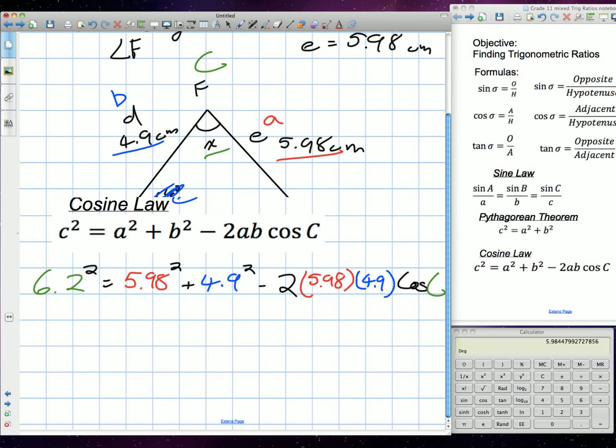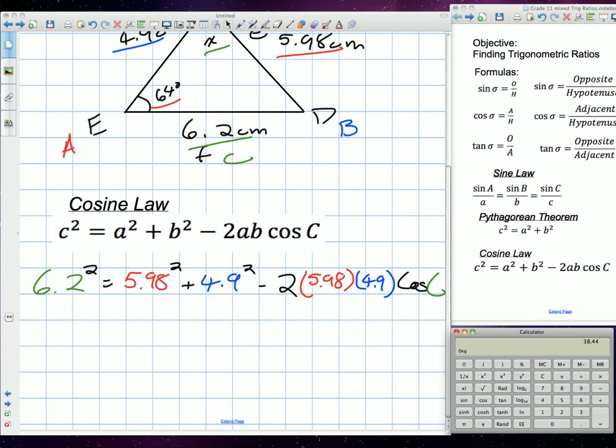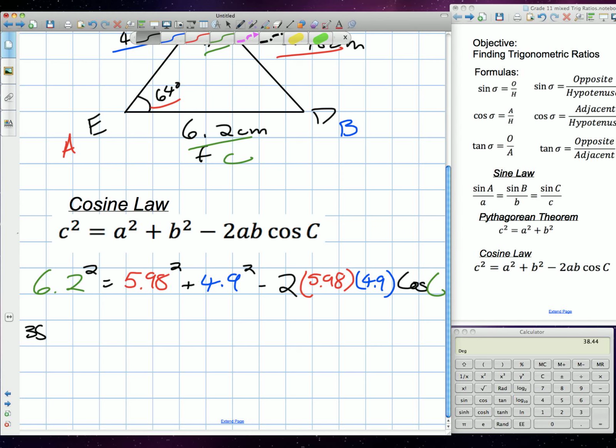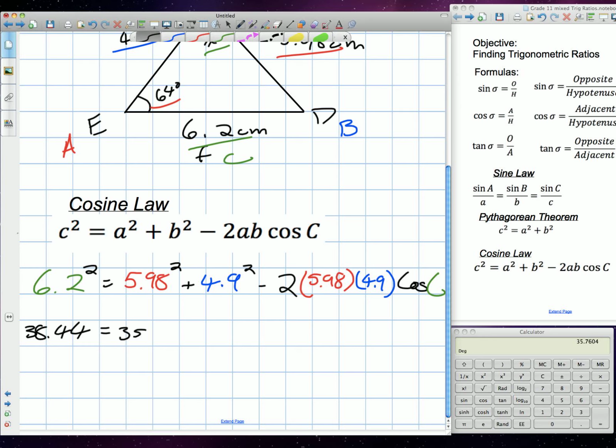6.2 squared, 38.44. 5.98 squared. Let's round this one to 2 decimal places. 35.76. 4.9 squared. 24.01.